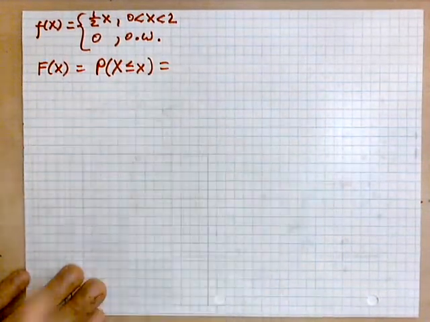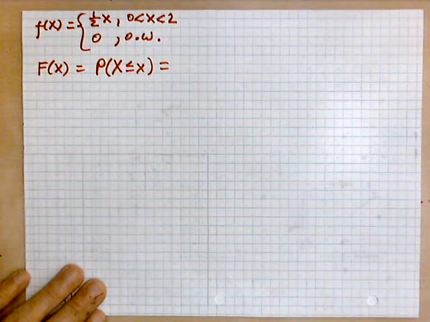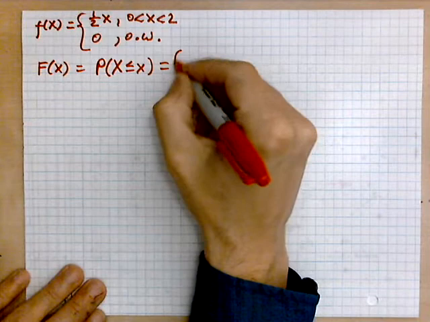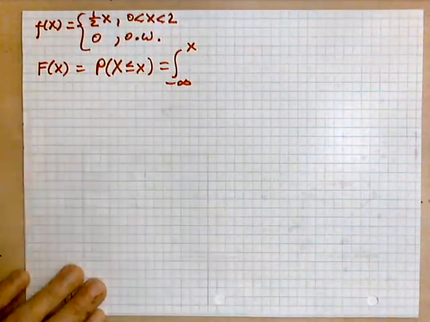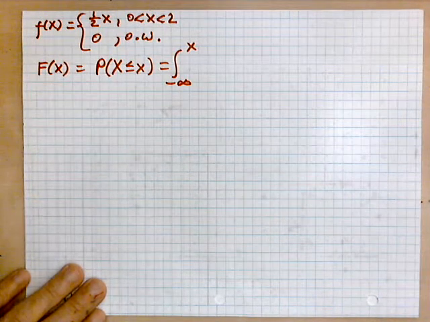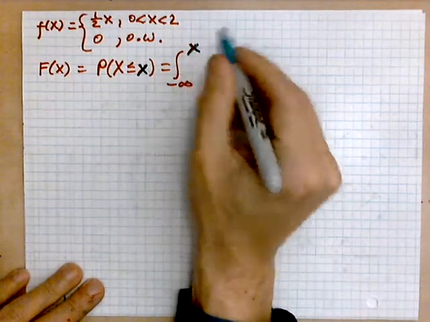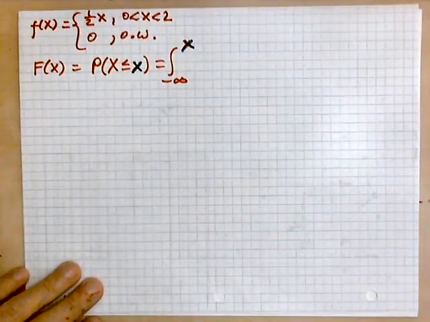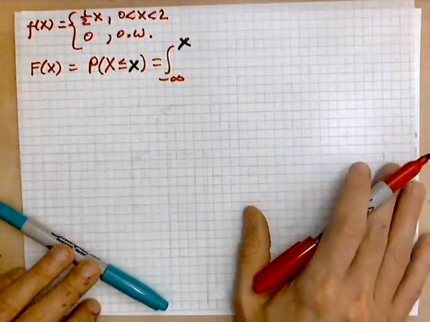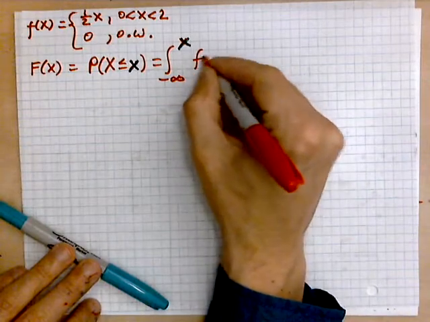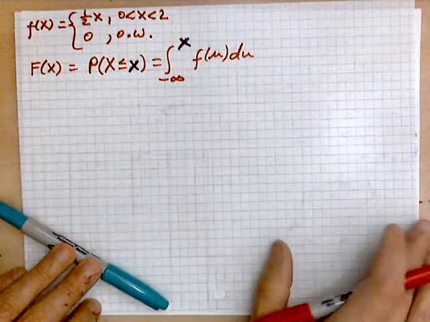In terms of an operational definition, something we can actually operate on to get something out, it's an integral from negative infinity up to this value of x. And because we're using x as a limit of integration, it's common practice to use u as a dummy variable.